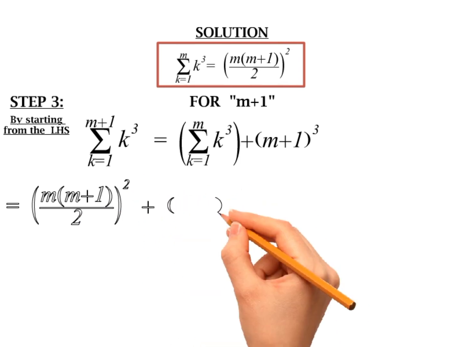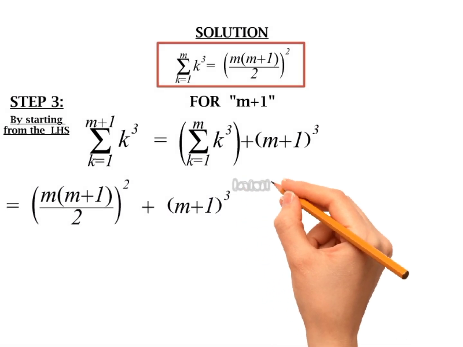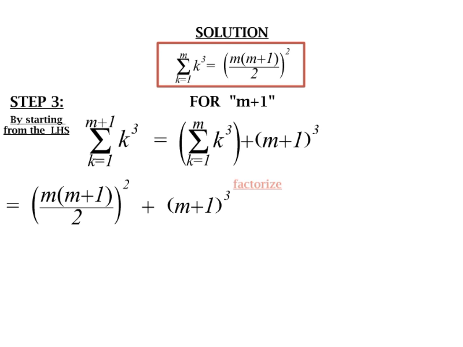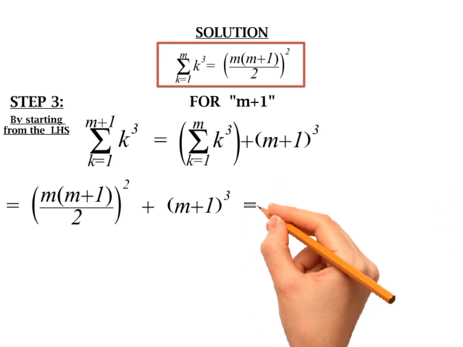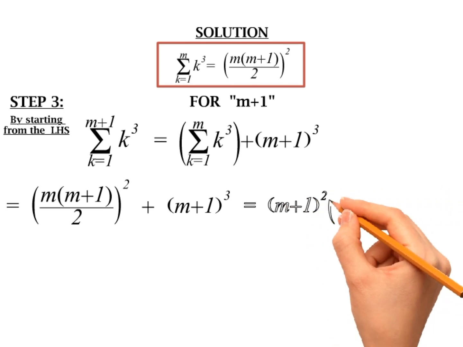Our new expression becomes (m(m+1)/2)² plus (m+1) raised to the power of 3. From here, we factorize our expression. Factor out (m+1)². So, the following expression emerges.